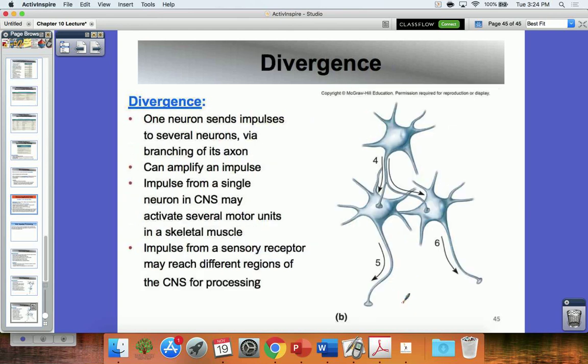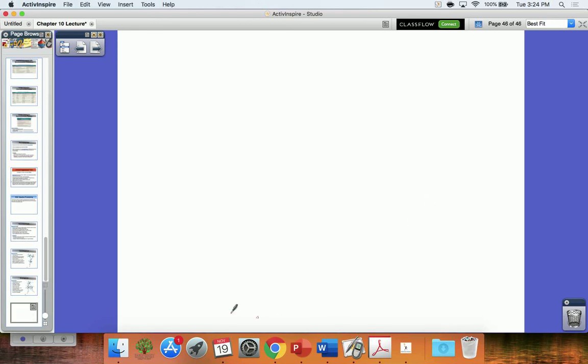And then the last one, divergence, we have this one neuron whose collateral splits and branches off into two. And depending on if it's excitatory or inhibitory, it will cause it to process differently. And that is the end of this part of the nervous system.